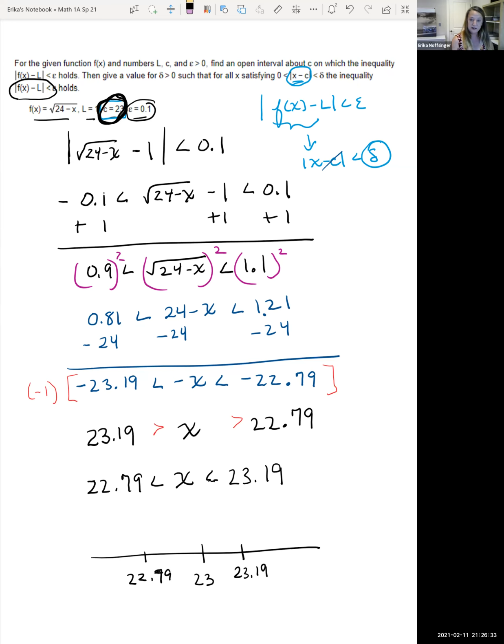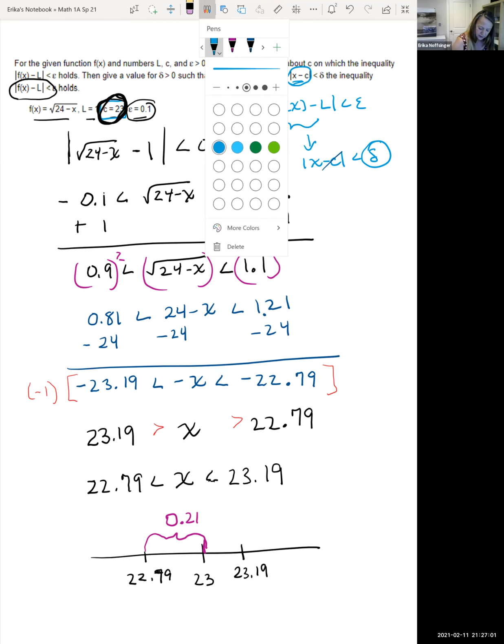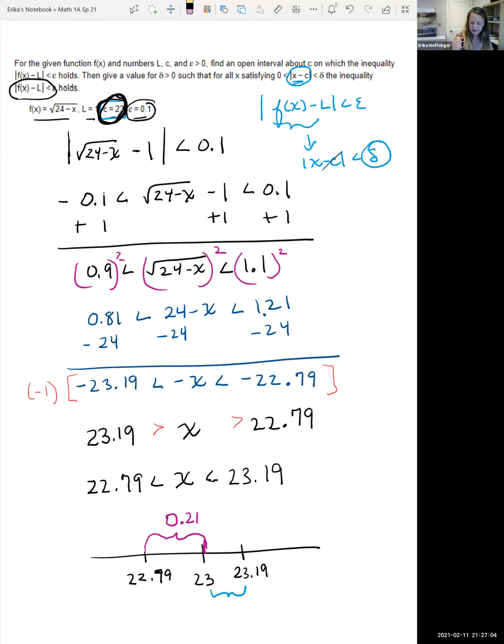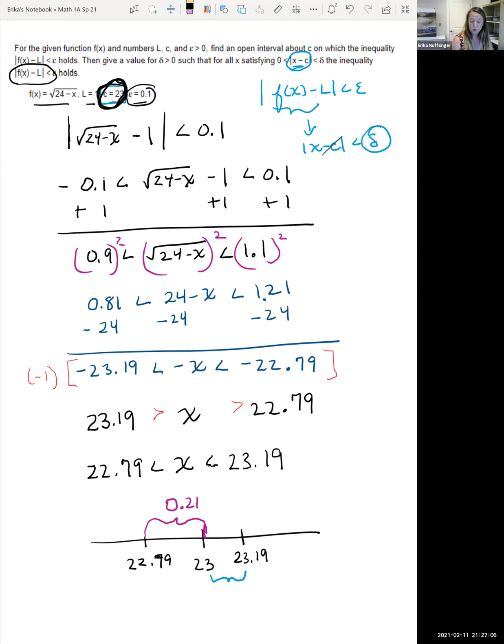So we need to figure out, okay, how far is it from 22.79 to get up to 23? If we look at that, 23 minus 22.79, that distance is 0.21. If we look at the distance in the other place, right here, that distance from 23 to 23.19 is 0.19.